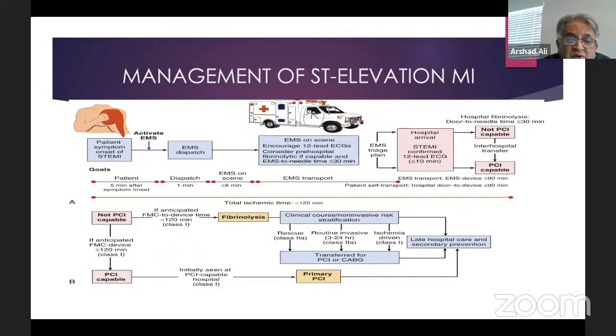And all these time intervals are managed: the patient 5 minutes after symptom onset, dispatch, EMS on the scene, how soon they should be there, and then when they got the EKG, they got to the emergency room, how soon they need to get another EKG, and how soon a decision has to be made about the treatment, and if you're going to give them fibrinolytic therapy, how soon this needs to be administered, and if you're going to do PCI intervention, how soon they should be in the cath lab and how soon the artery should be open.